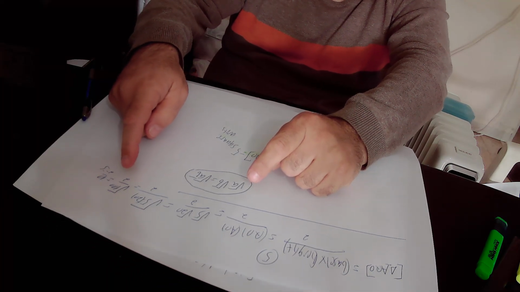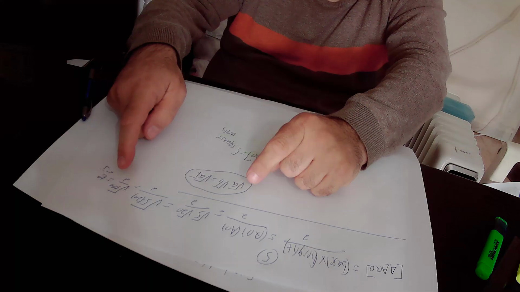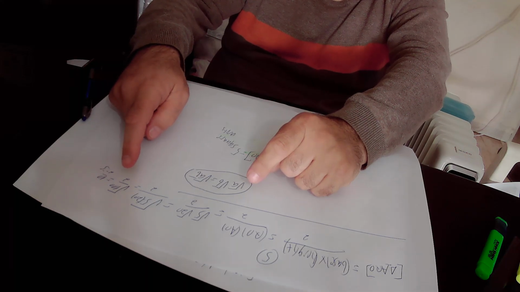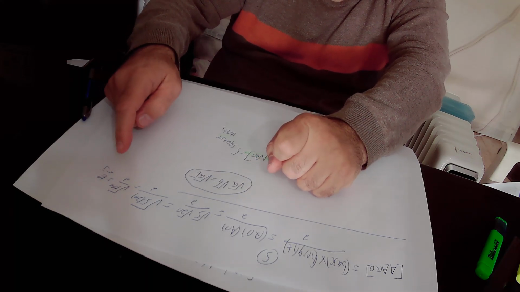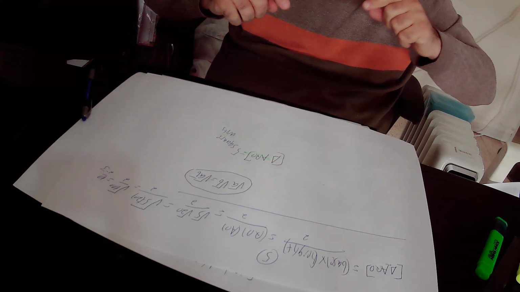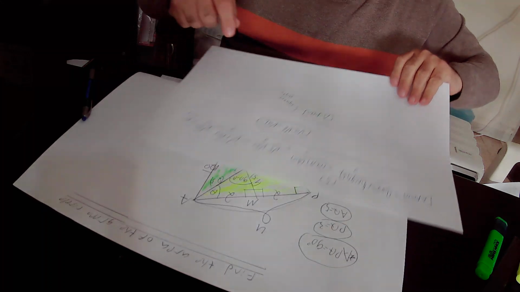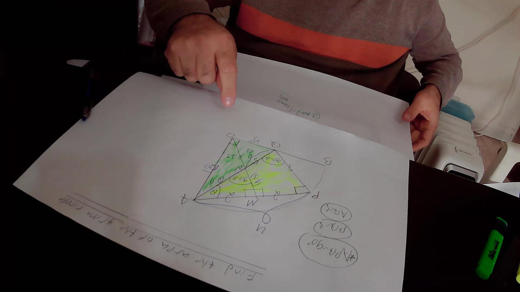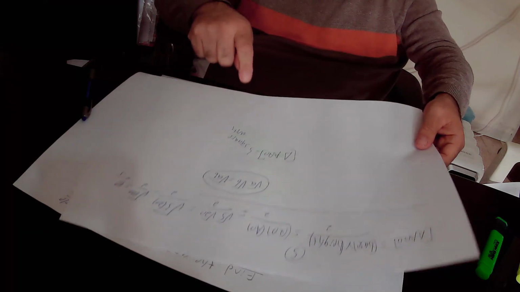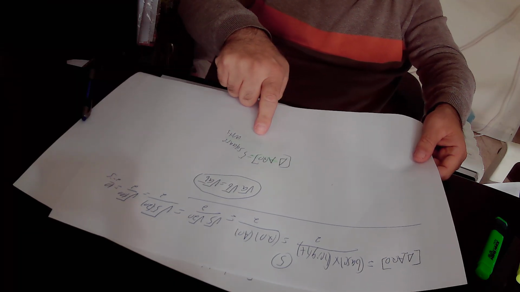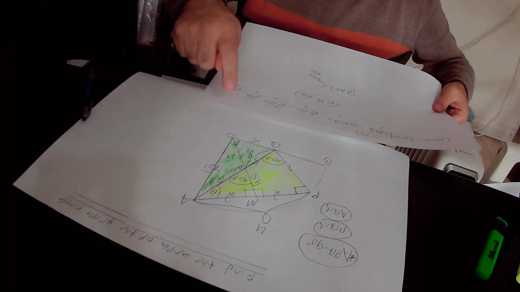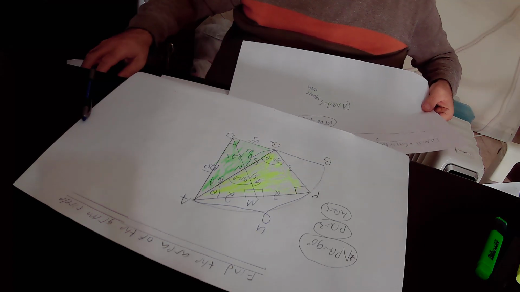So inside the root we are left with 100 over 2. The square root of 100 is 10 and 10 over 2 is 5. So finally we found out that the area of this green right triangle AQO equals 5 square units. Okay, thank you very much.